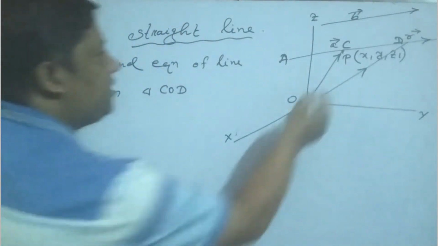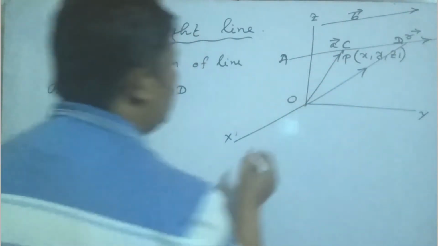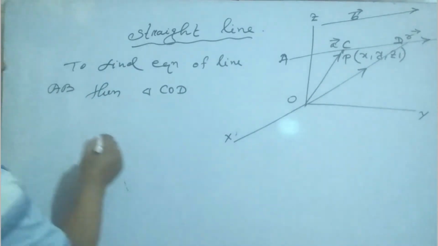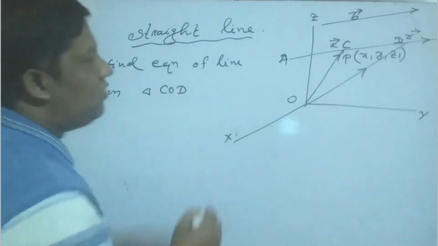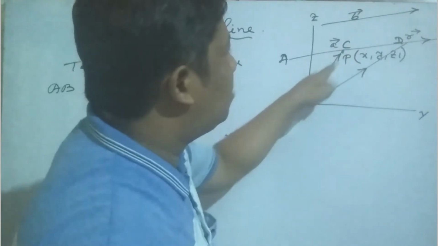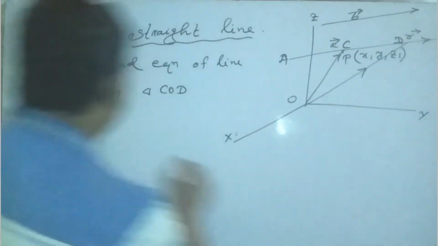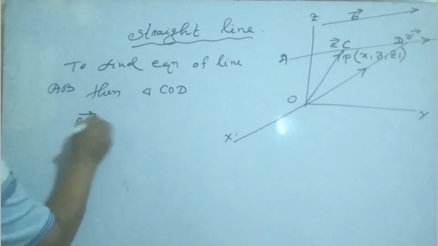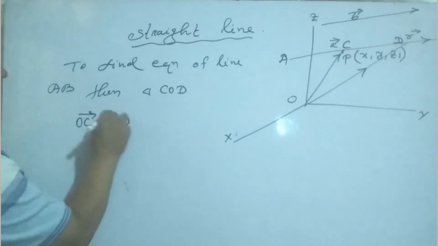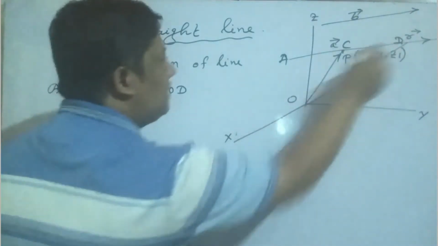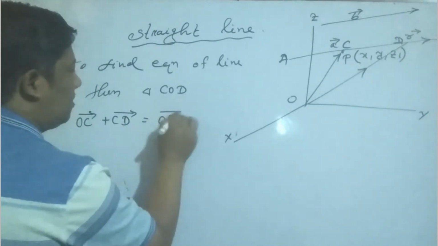If you use this vector law in triangle COD, then you get this side and this side, these two directions are the same. So the sum of OC vector plus CD vector equals OD vector.